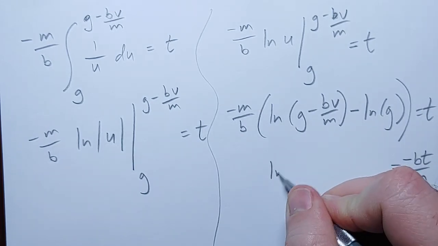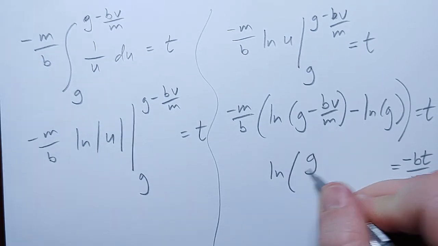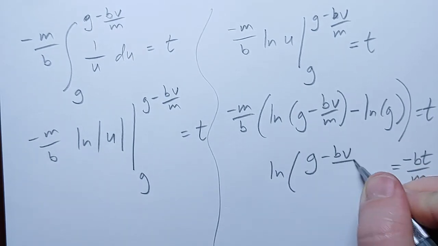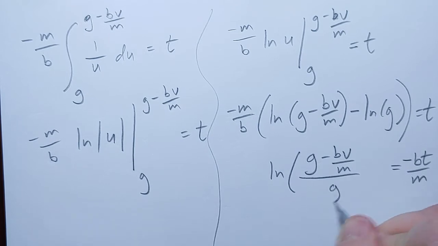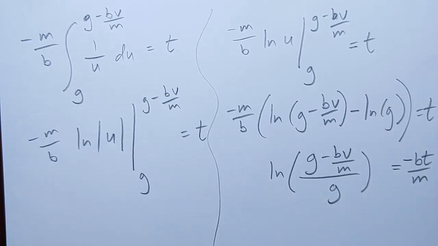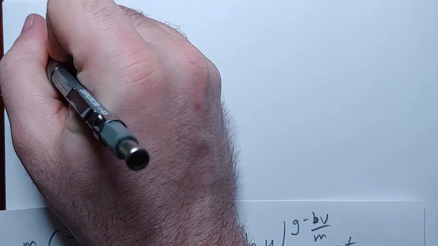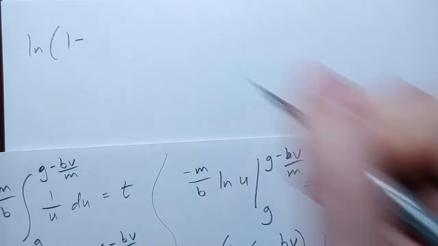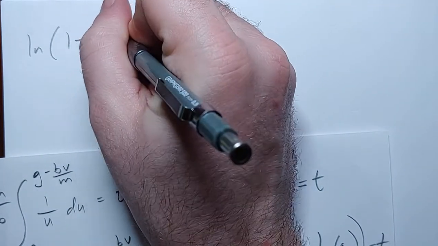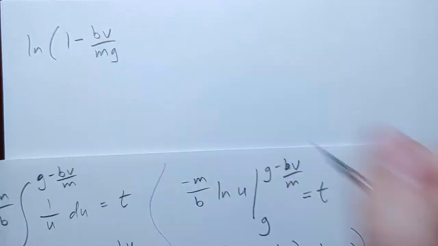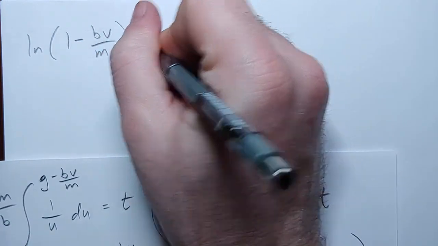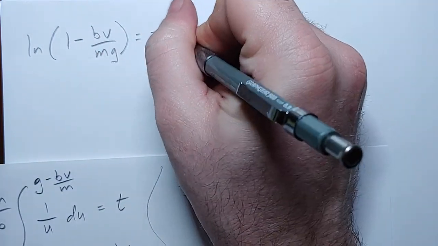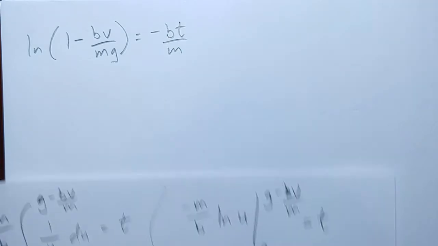So that's going to be the natural log of g minus bv over m divided by g, which of course becomes the natural log of, so g over g is just 1, minus bv over mg equals negative bt over m.